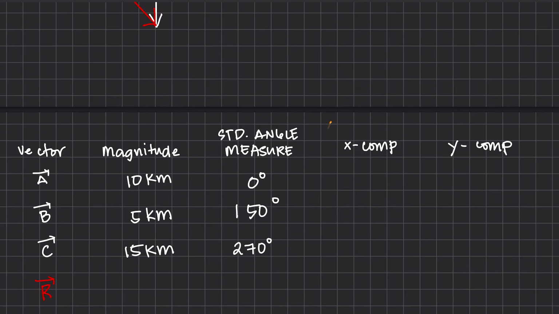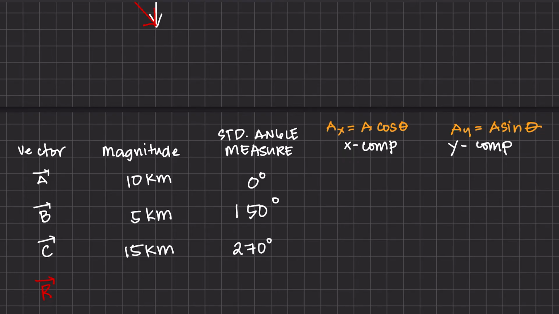For x component, Ax is just equal to A cosine theta, and then for y, you have Ay, that is just equal to A sine theta. If you don't want to use cosine and sine, then you could do your own. You could just inspect the right triangle. Don't forget about that.